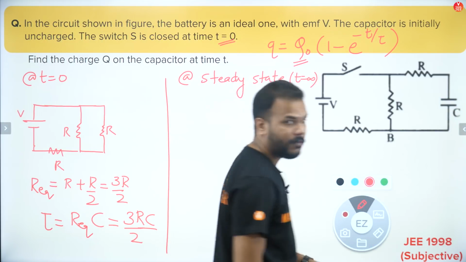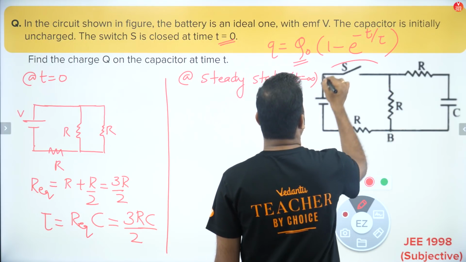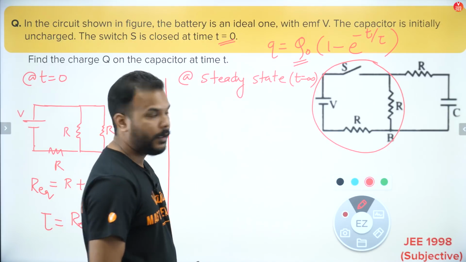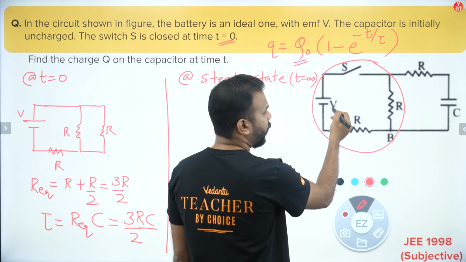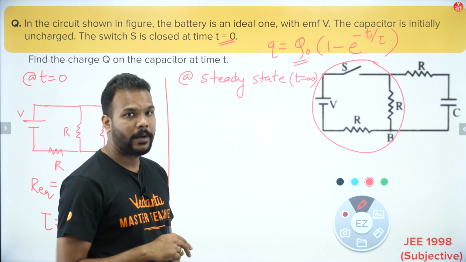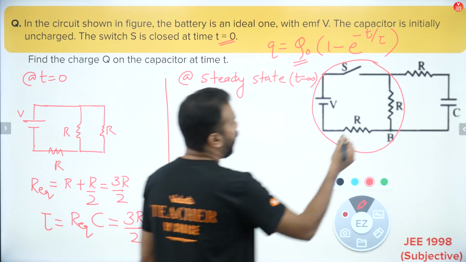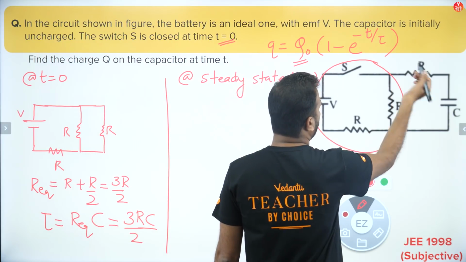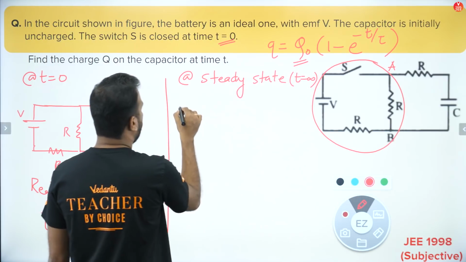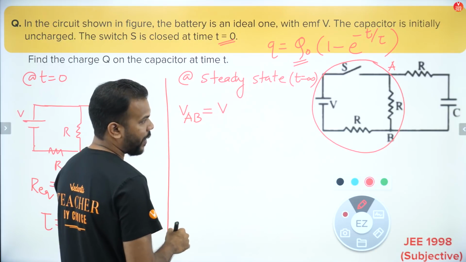When the capacitor blocks the circuit, your equivalent circuit will be only this much. Now you have the voltage of the battery getting dropped on two equal resistors, so equal voltage will be dropped on equal resistors here. The voltage dropped, say at this point, let me call this point A, is that VAB will be equal to the voltage on the capacitor.